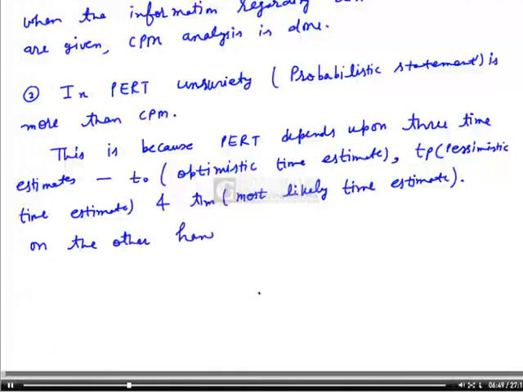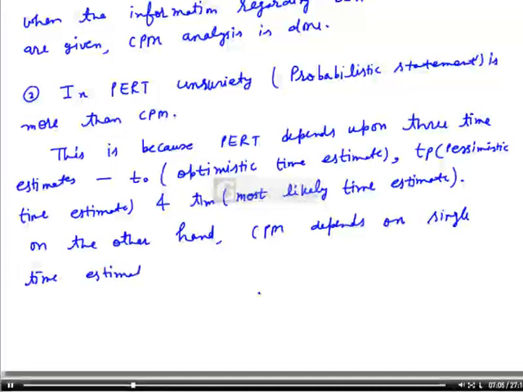On the other hand, CPM depends on a single time estimate, that is T0, which is called optimum time.